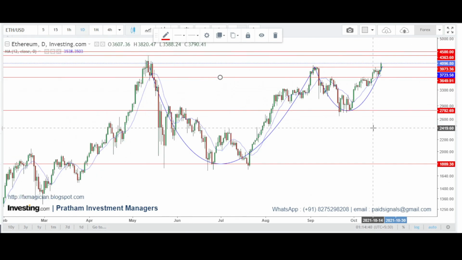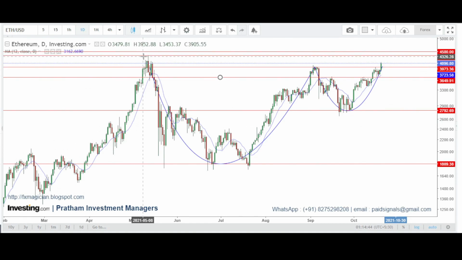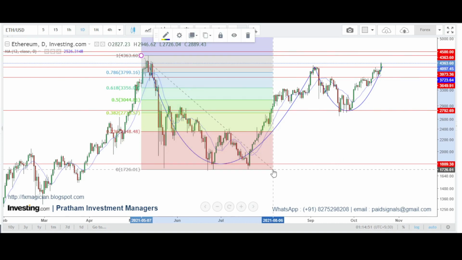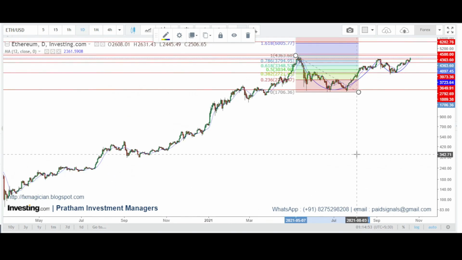To verify the levels, I will draw a Fibonacci retracement on this area, and let's see what it actually shows us. For the Fibonacci retracement, the extension level above the recent high or the previous all-time high will be around the 6000 zone.